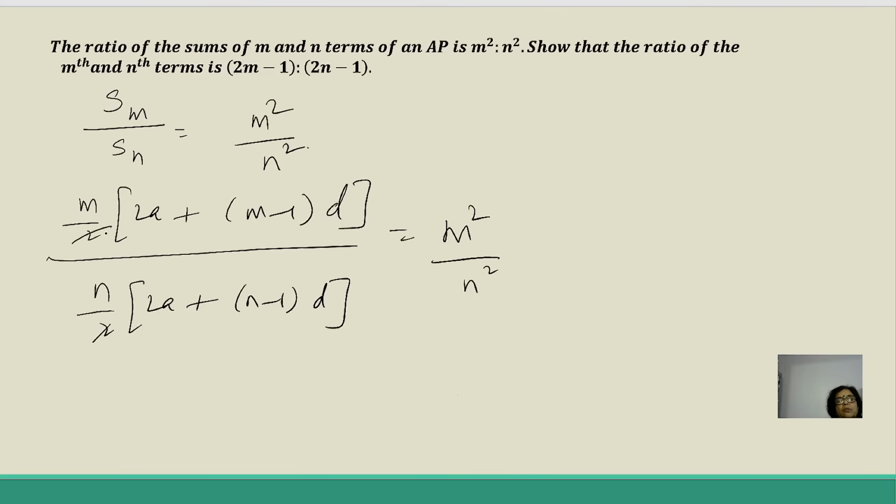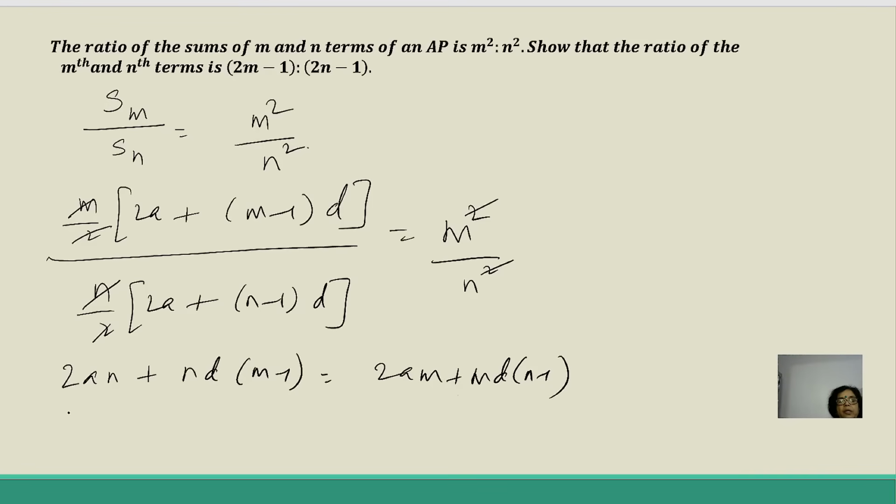So this 2 and this 2 gets cancelled. One n gets cancelled from here. One n gets cancelled from here. Cross multiplying these two, this proportion. So we get here 2a plus n minus 1 into d, times m, is equal to 2a plus m minus 1 into d, times n.